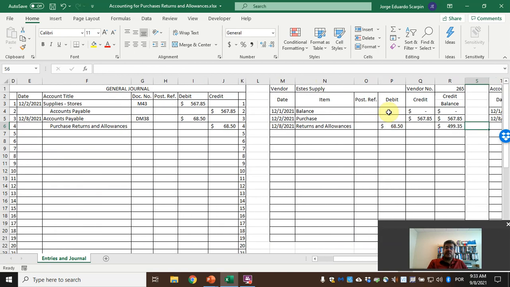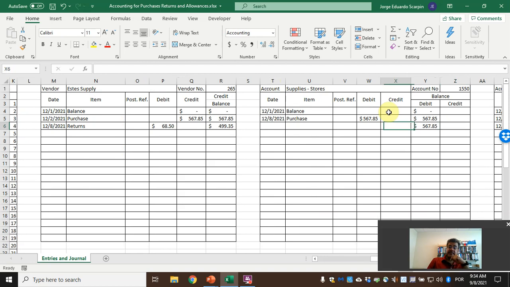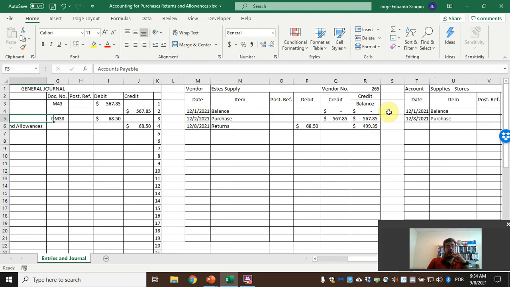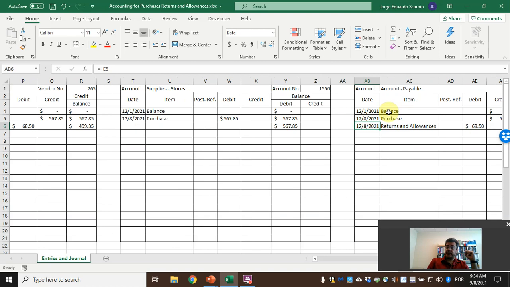And then for supplies, returns and allowances, here is returns. On debit 68, we are debiting our accounts payable, so we owe them now only $499.85. Supplies, here guys, some textbooks don't use it for the purchase returns. Some textbooks use it. Personally, Professor George, I like to use it.